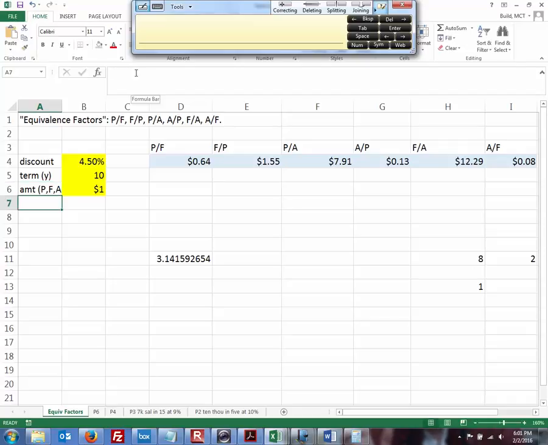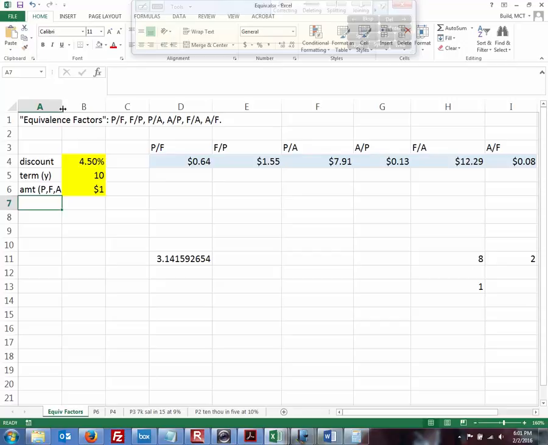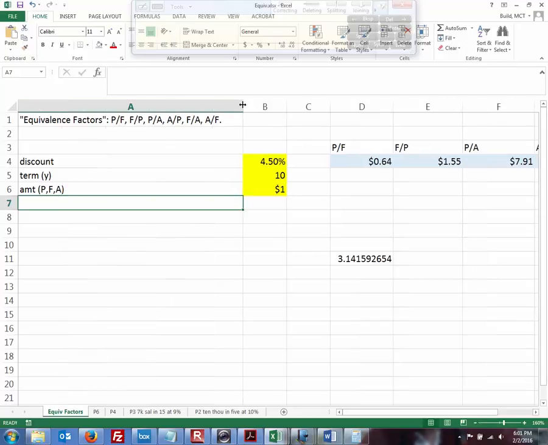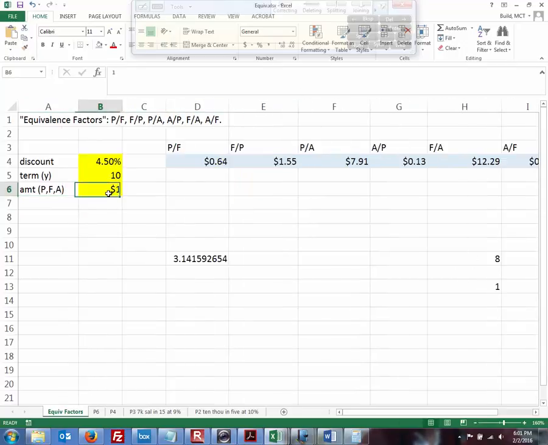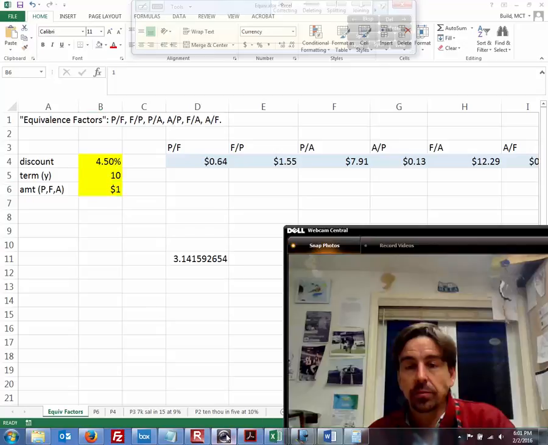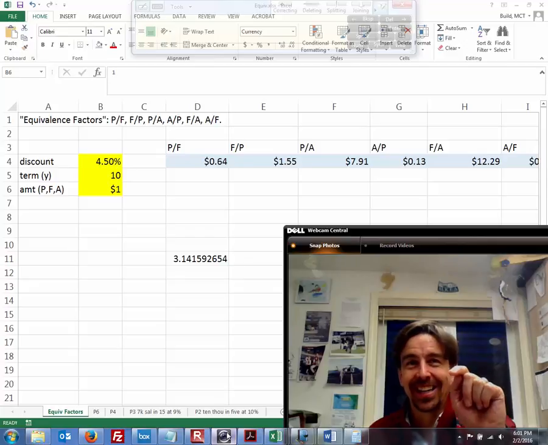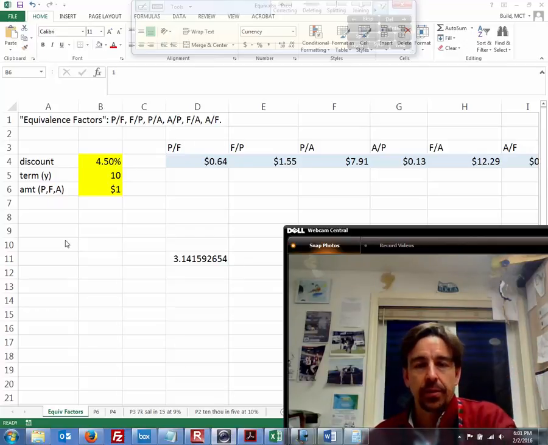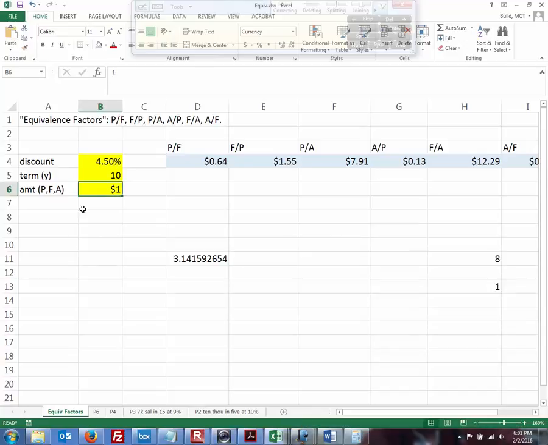It's one of those 3 things: how much money you've got now in the present, how much money you've got in the future, or how much money you pay every year. That little block right there is going to be one of those 3 things. Please do not copy my spreadsheet exactly. Work it through on your own. It's just the way it worked out for me the first time I did it.